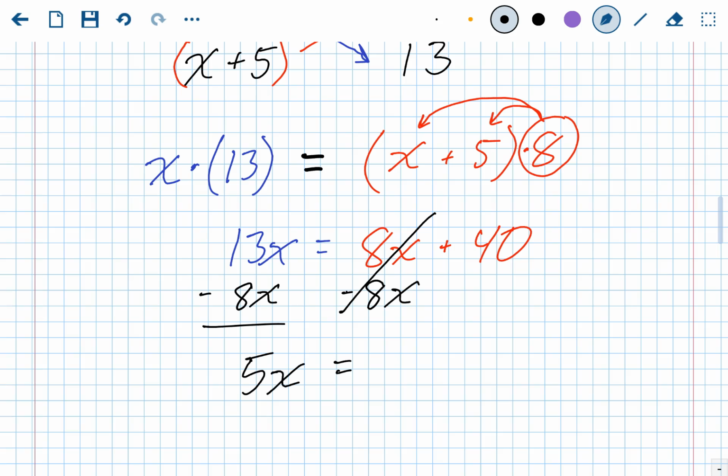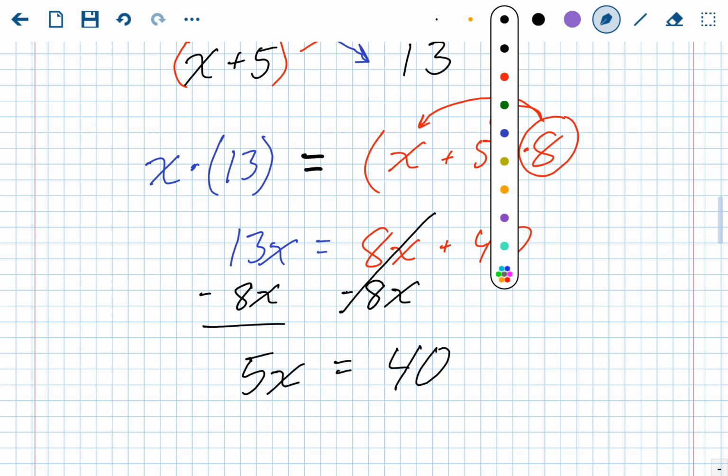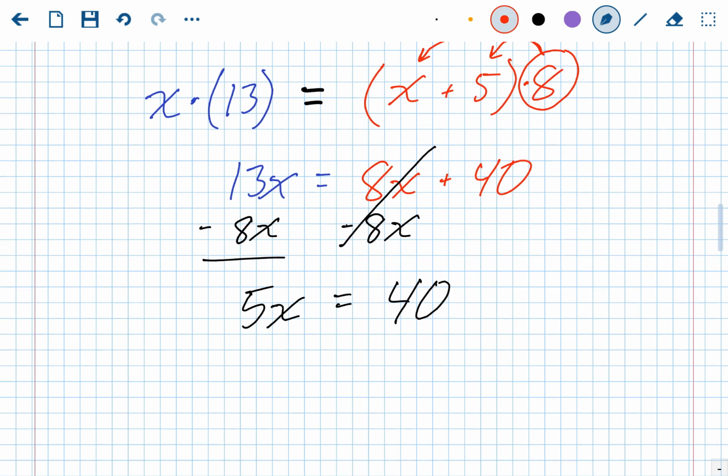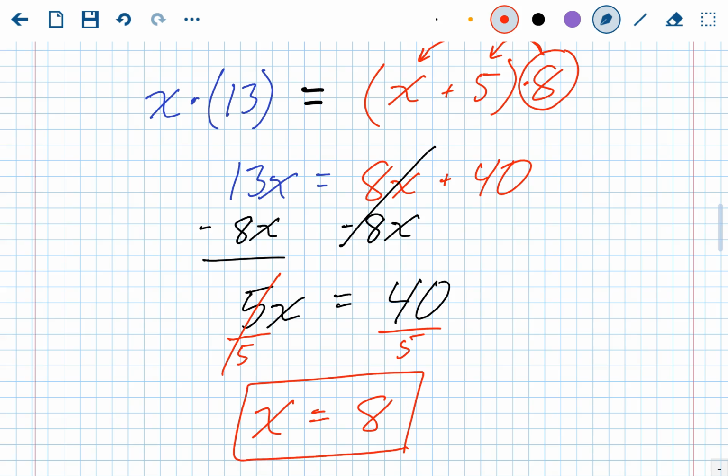And then 40 is on the right side. One step from here. 5 times x equals 40. So divide both sides by 5. x equals 8. That's our answer.